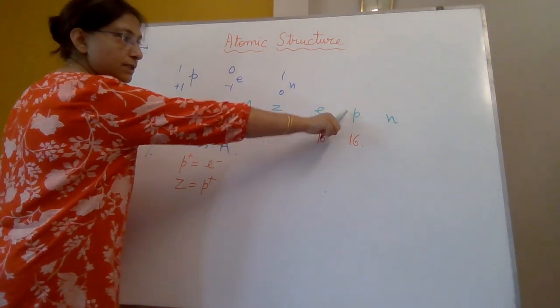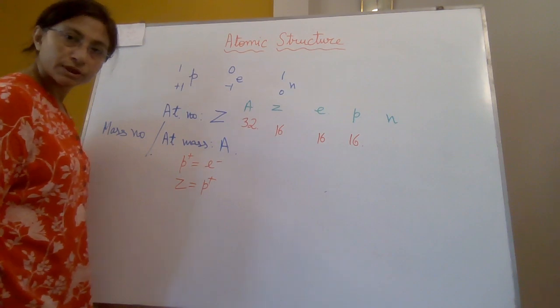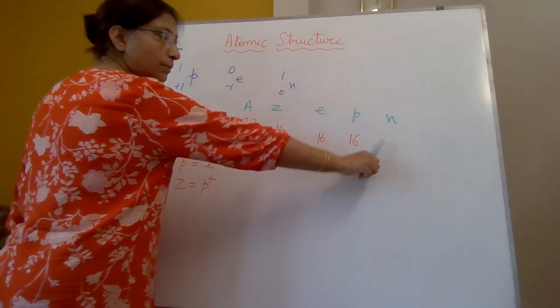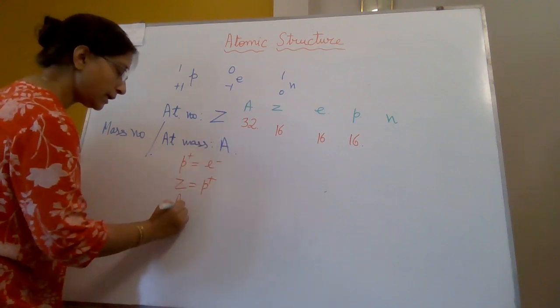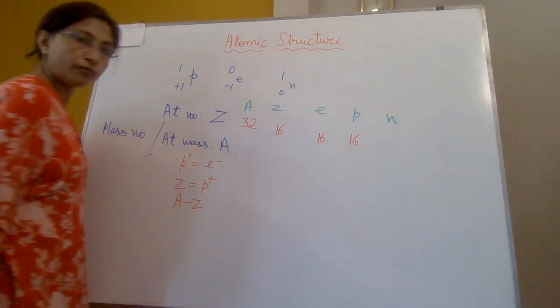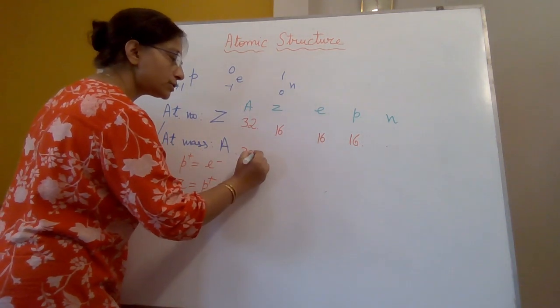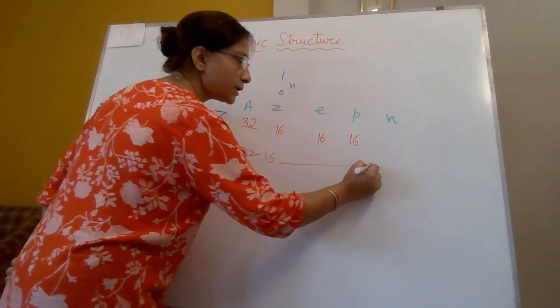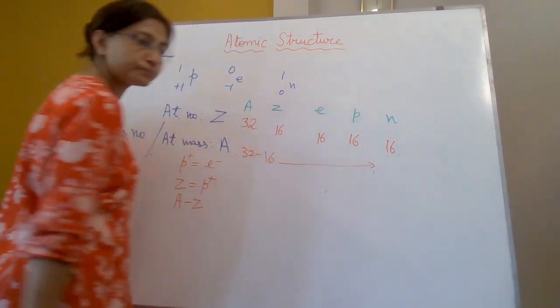So 16 is the number of protons, so your atomic number is also 16. Now what is the number of neutrons? We know that A minus Z gives us the number of neutrons. So 32 minus 16 gives us the number of neutrons, that is 16.